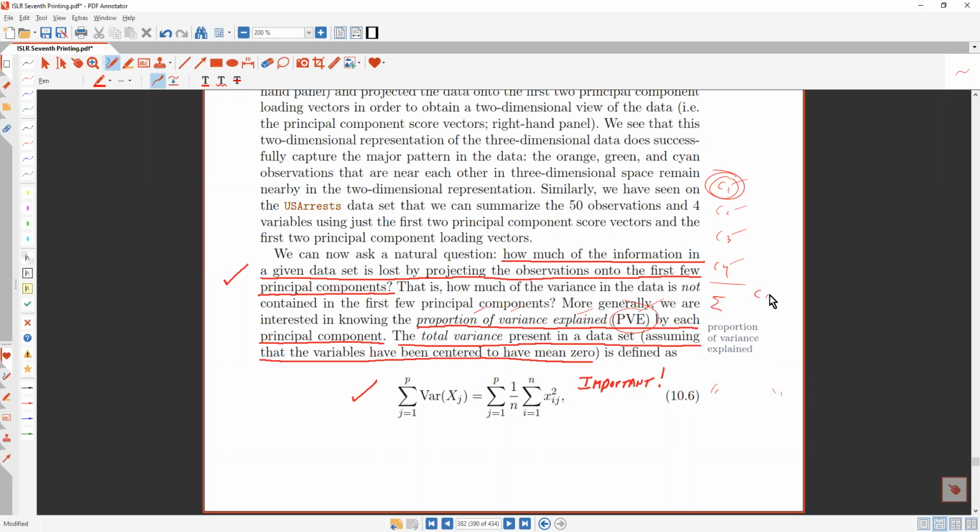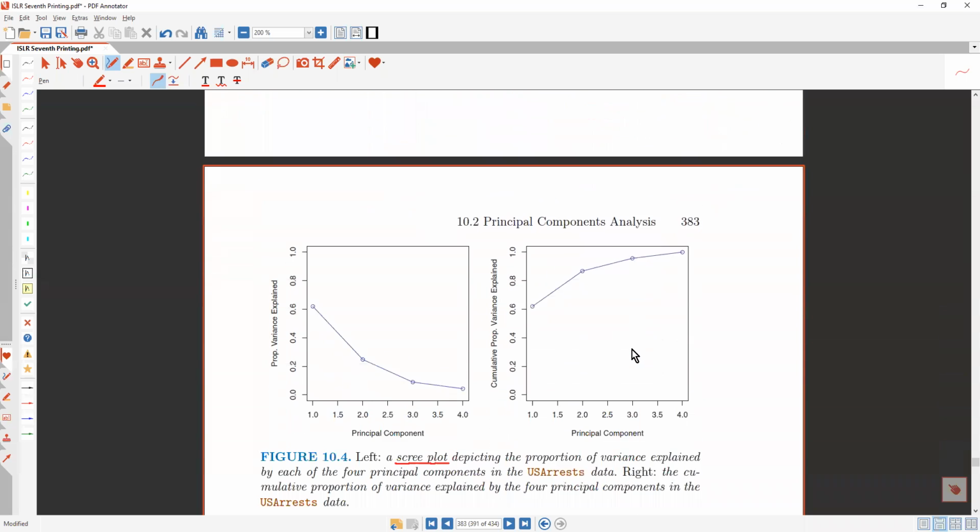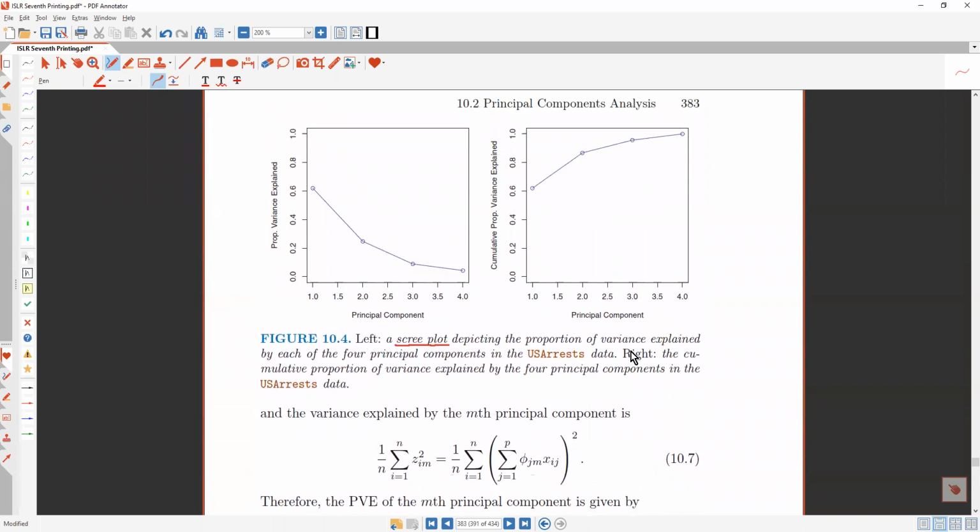You can go C1 over the sum of those components in terms of variance explained. The total variance present in the data is defined as that total variance. But when you conduct the components analysis, you're going to look at that proportion of variance explained.